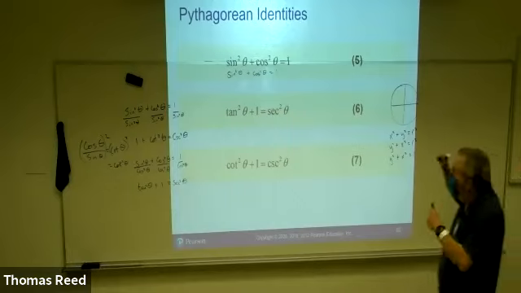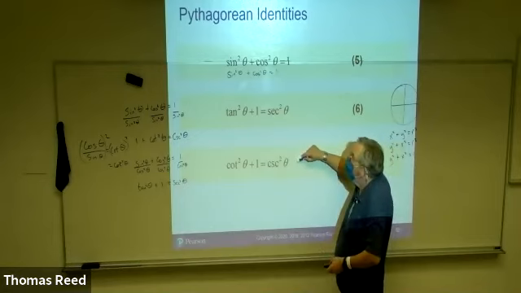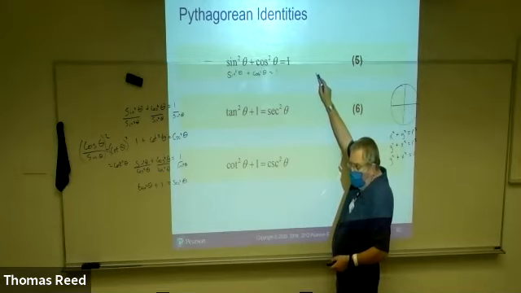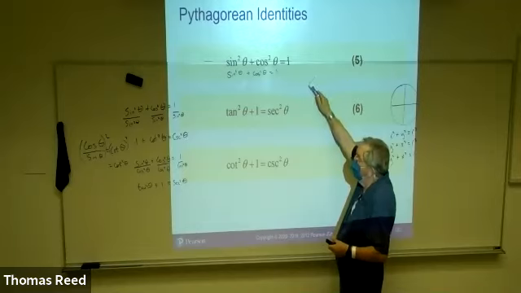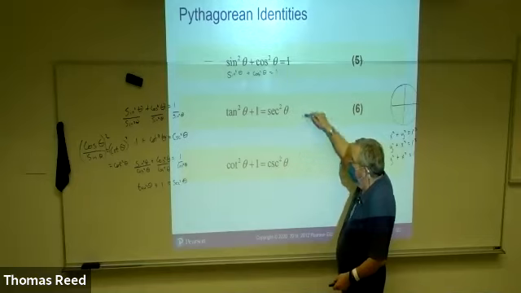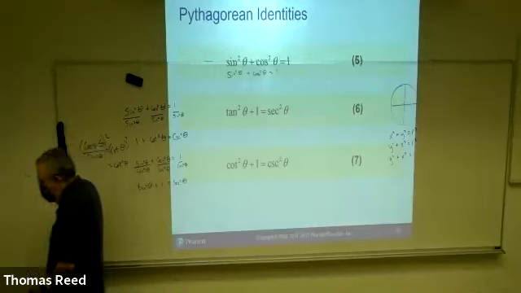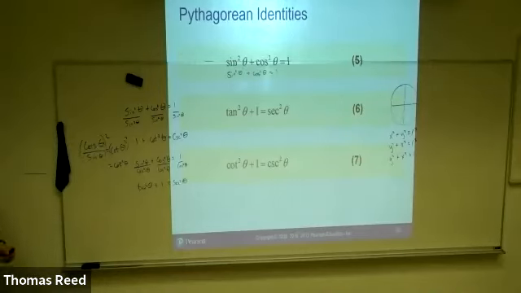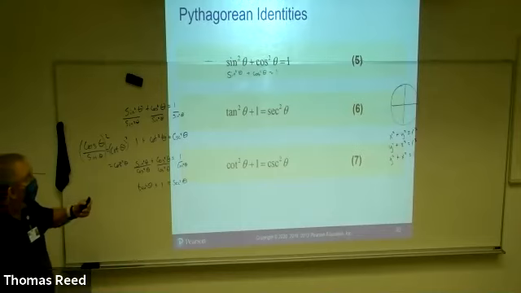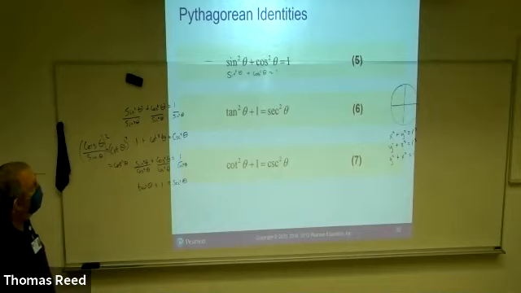These two can be derived simply from the first one. So as long as I remember the first one, I can divide by sine, and then I can divide by cosine, and that'll give me these two. Yes, you will be tested over these. I'm not going to test you on deriving these.